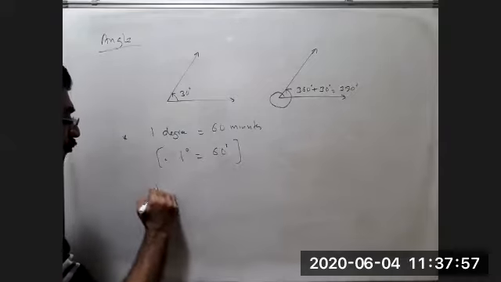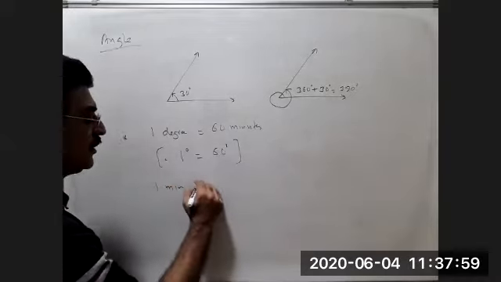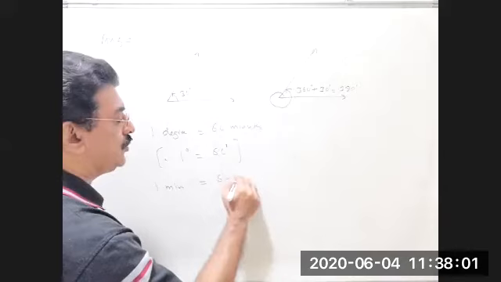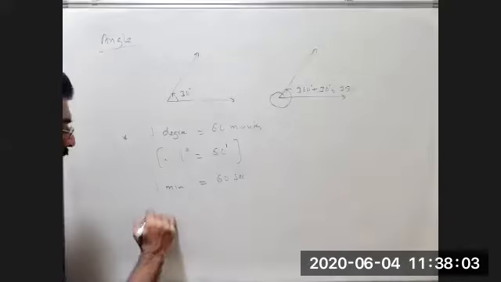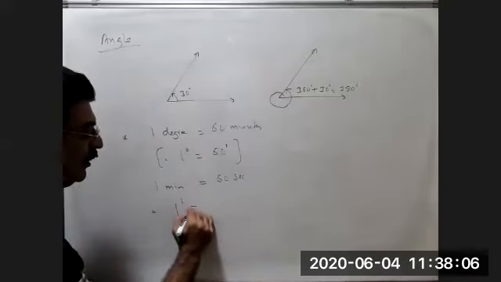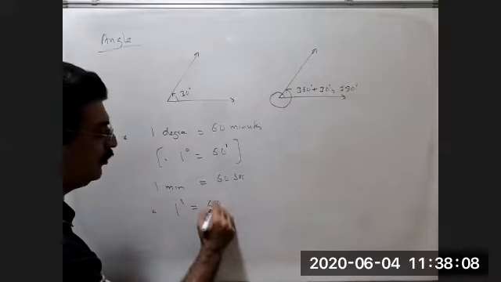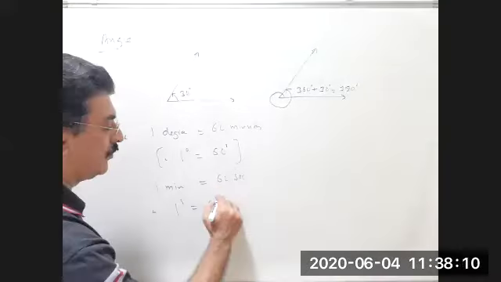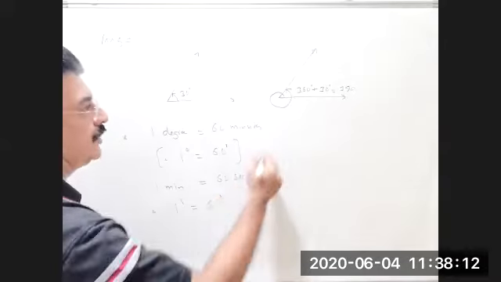And 1 minute is equal to 60 seconds. That is 2 dash.